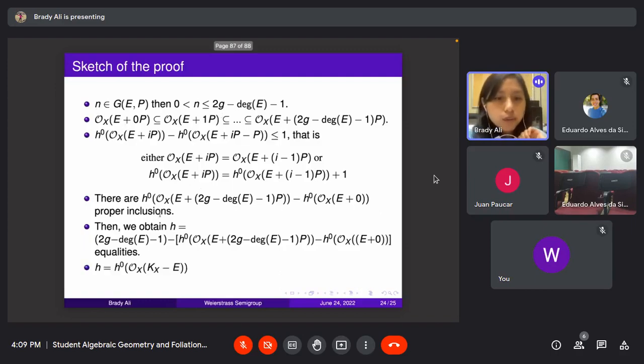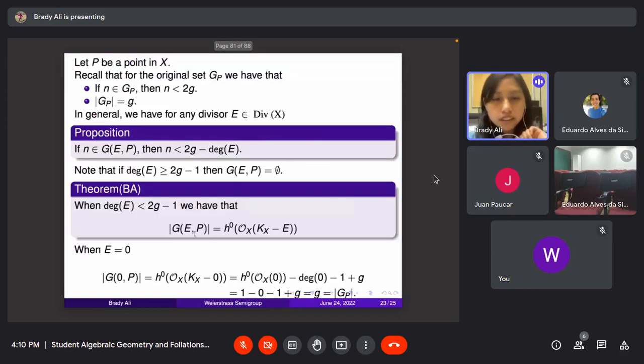If we compute all of this, we find that it is equal to the dimension of O_X(K_X minus E). So this is the sketch of the proof of this theorem, that the cardinality of the set of gaps is equal to the dimension of this space.